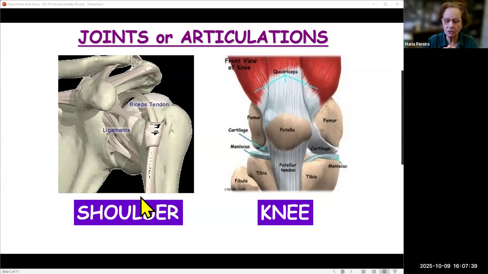Ligaments don't receive blood supply. So if they are damaged, if they're ruptured, they don't regenerate. So you see here an example of the shoulder joint, and here an example of the knee joint, and you see the bones that are involved in this joint and the tendons and all the ligaments.